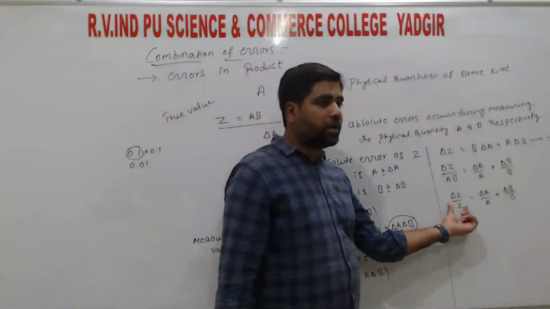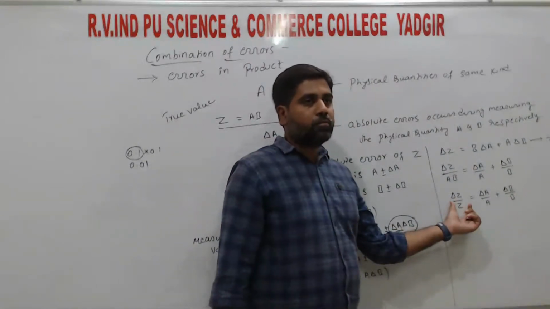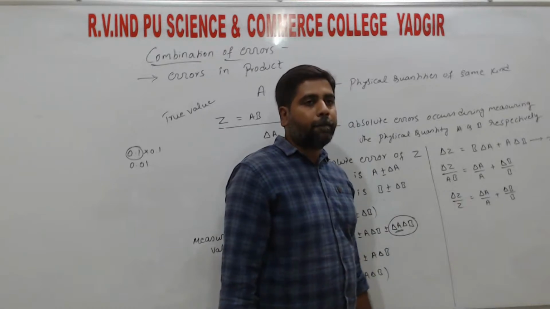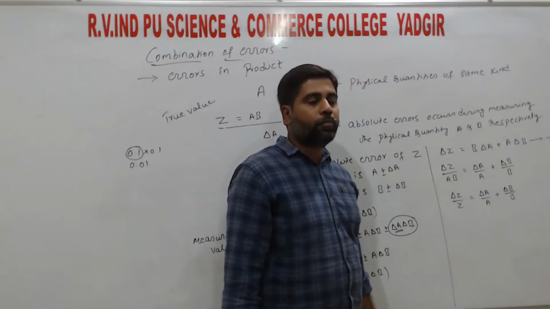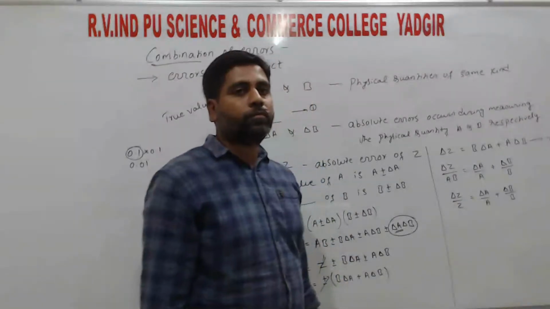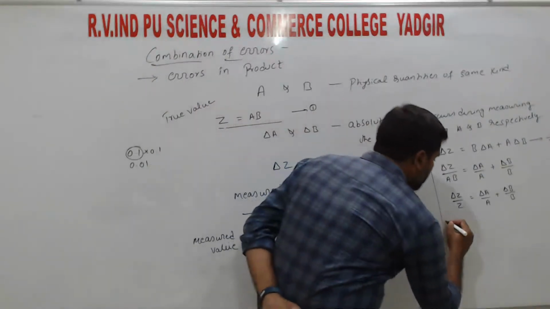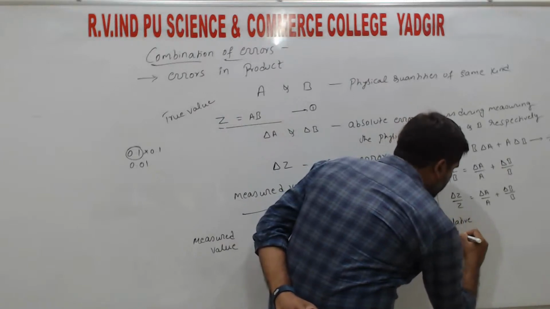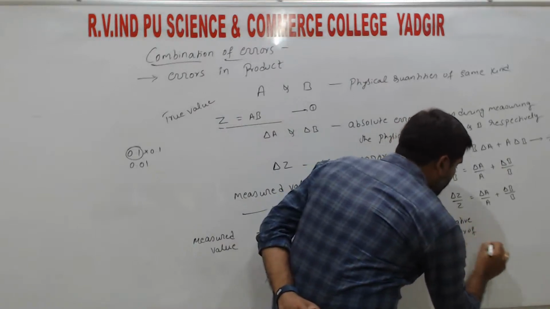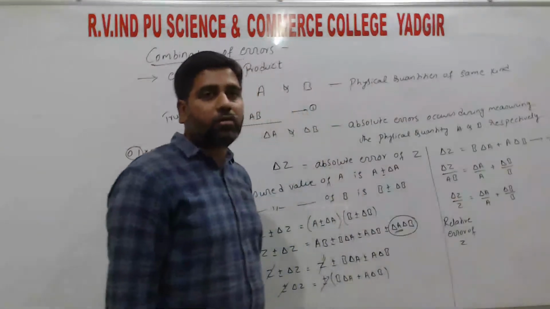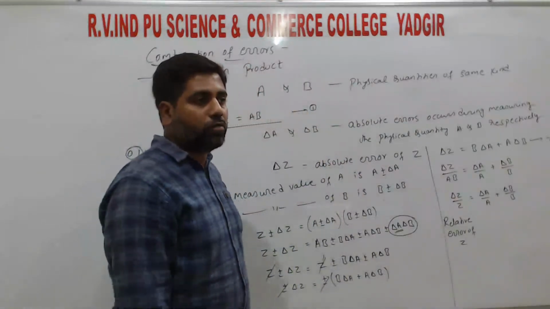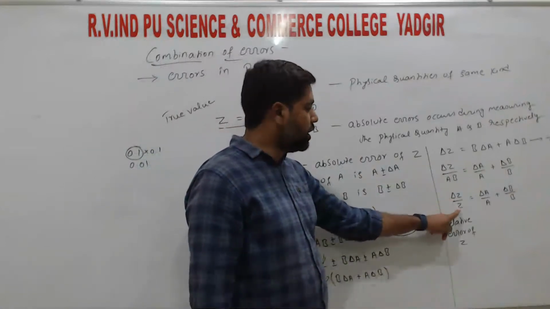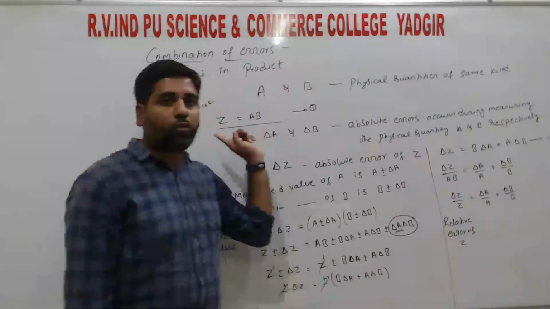Which formula is this, delta Z by Z? I said it in the last class. Relative error is the absolute error divided by the true value, right? Delta Z is the absolute error, divided by Z which is the true value, right?